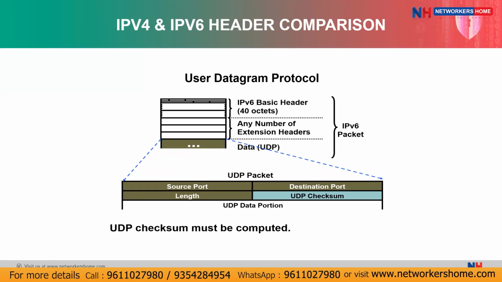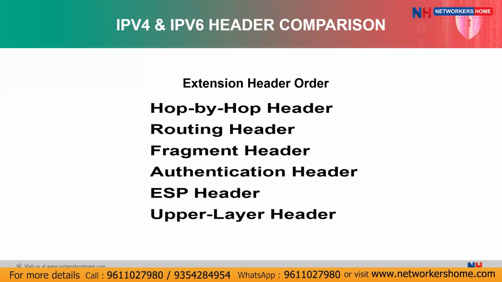These are the extension header options we have: hop by hop header, routing header, fragment header, authentication header, ESP header, and upper layer header.